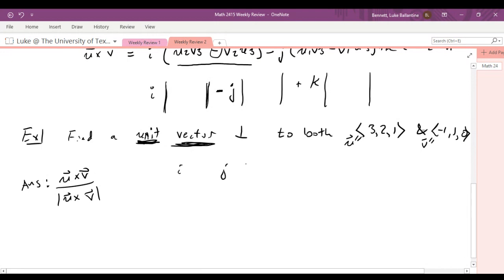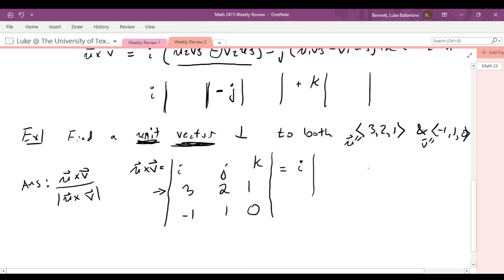We have I, J, K. I'm just building my 3 by 3 determinant. If this is U cross V, U would go in the second row, and V would go in the third. Okay, so I have I times, imagine we're crossing out the I column and the I row.